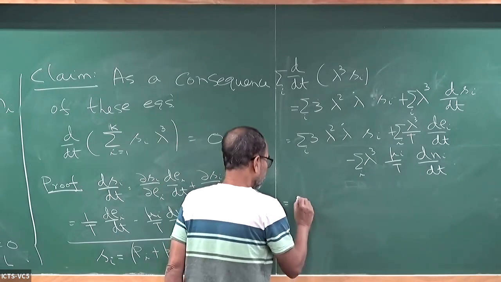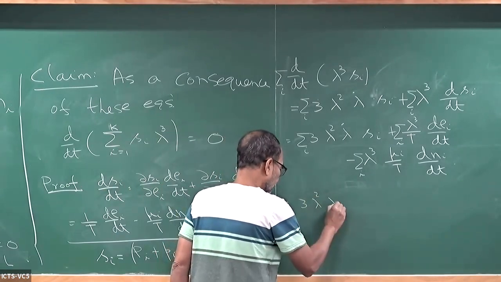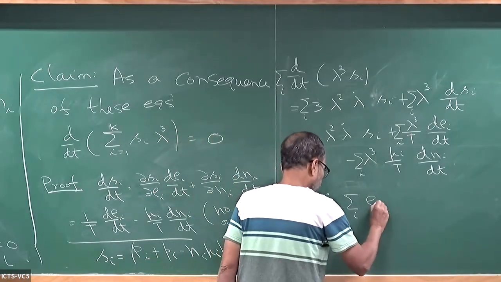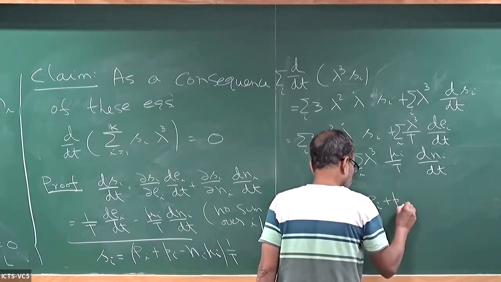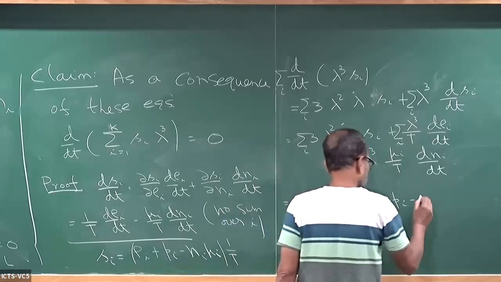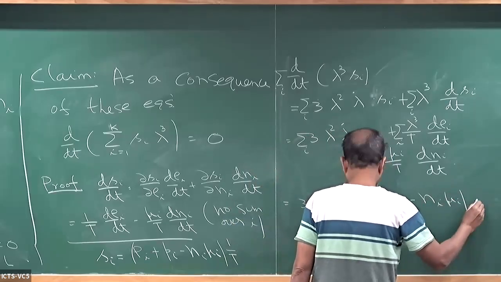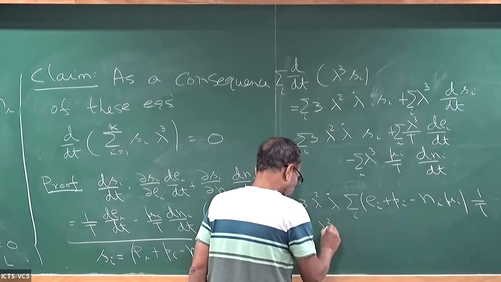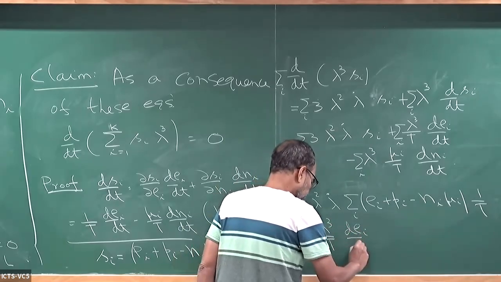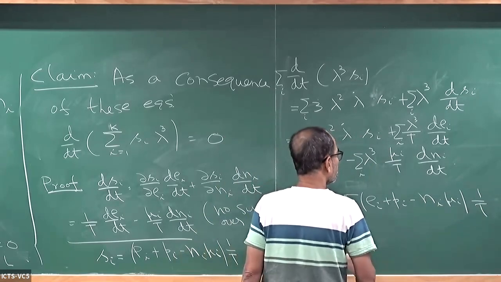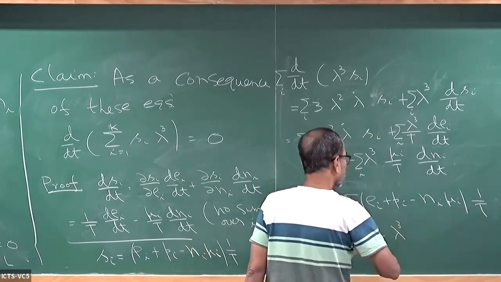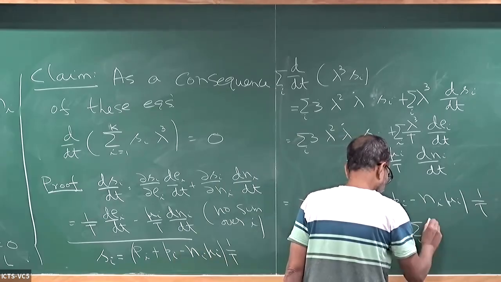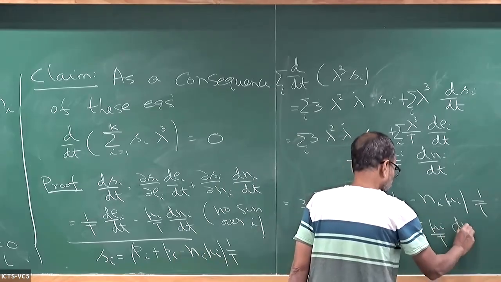So we get 3 lambda square lambda dot times sum over I of rho I plus Pi minus Ni mu I times 1 over T, plus lambda cube over T d rho I dt, minus lambda cube sum over I mu I over T dNi dt.